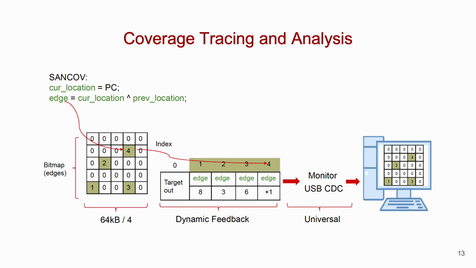These bitmaps are reduced in size to fit the memory constraints of embedded devices. In order to reduce the time wasted in communicating these bitmaps back to the workstation for analysis, SHiFT opts to only send the exercised edges and their hit counts to reduce the communication delays. The workstation updates these edges in its local copy of the bitmap and performs analysis, which it then uses to generate the next input.